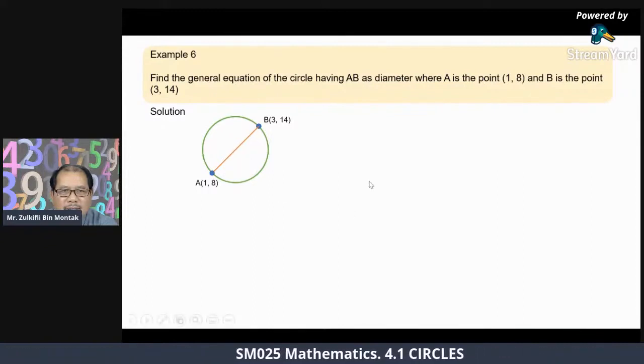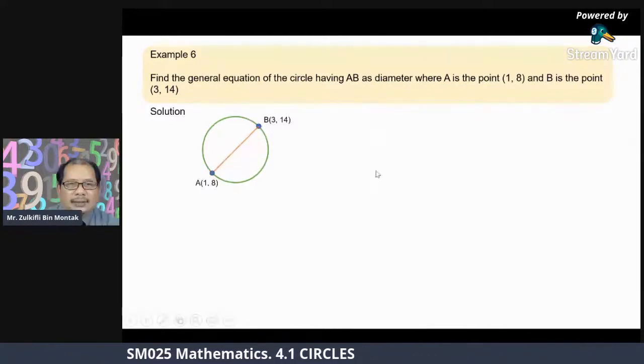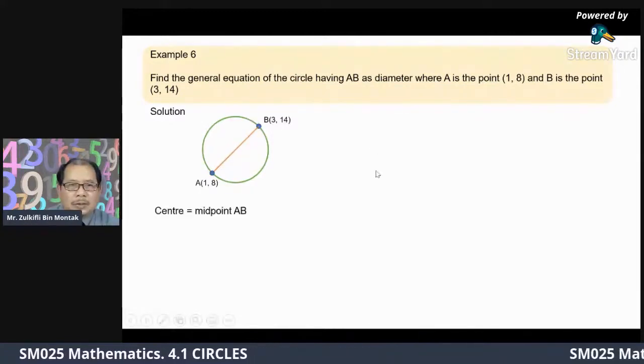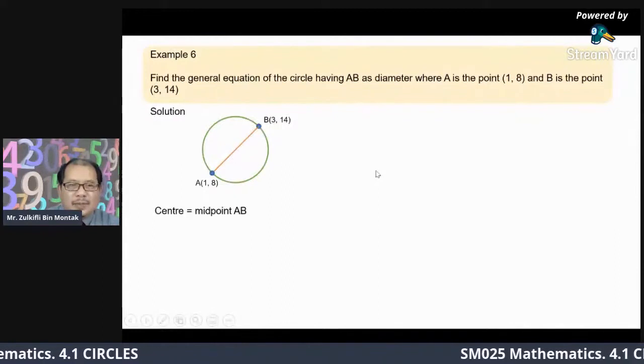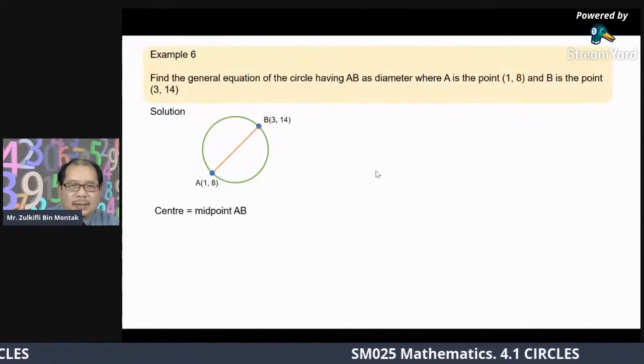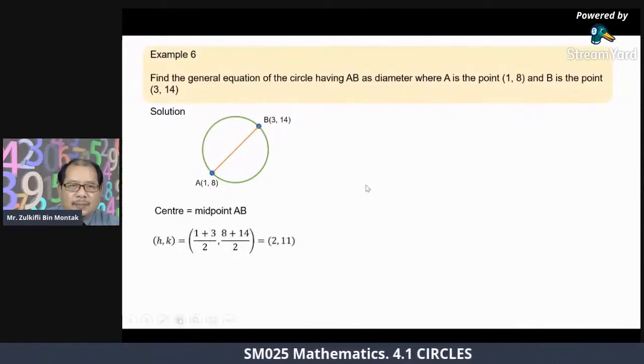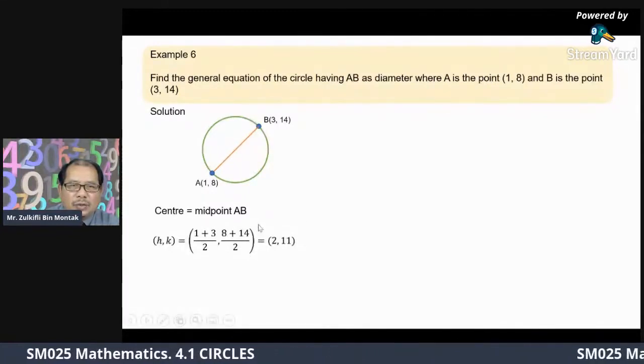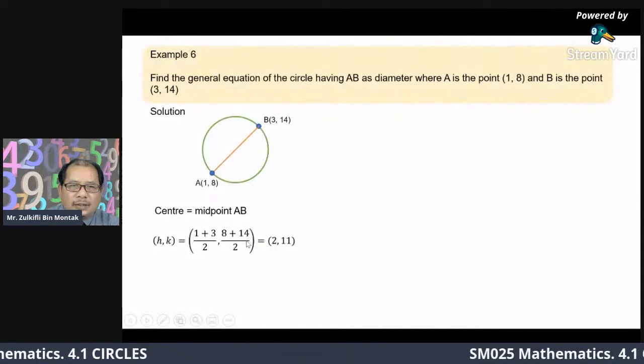Now we find the center. The center equals the midpoint of AB: x1 plus x2 divided by 2, y1 plus y2 divided by 2.